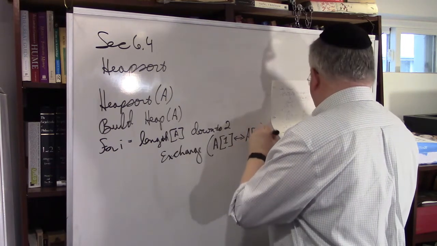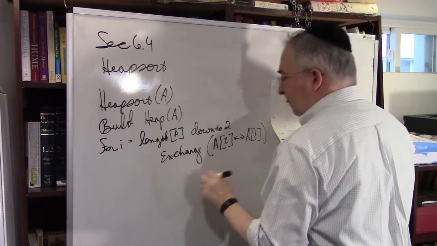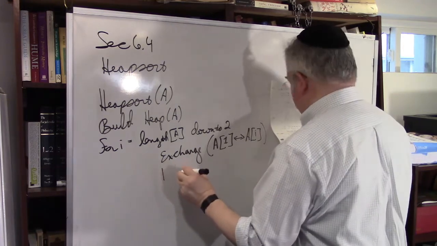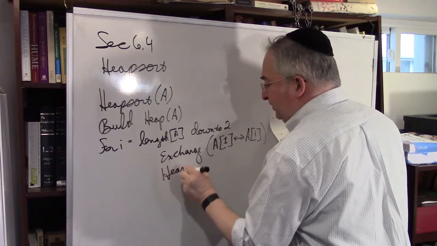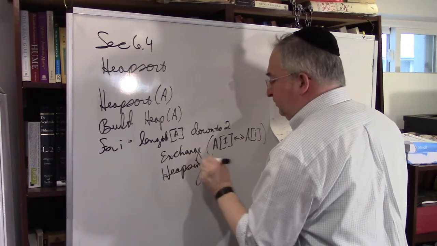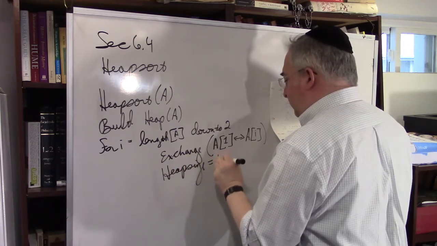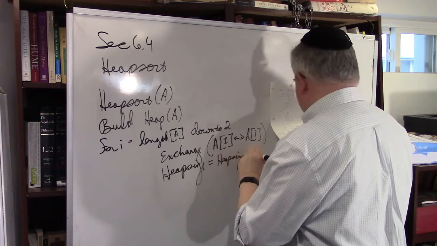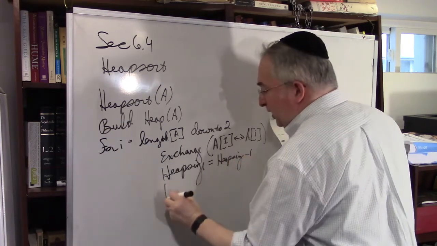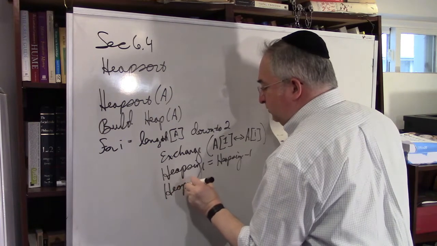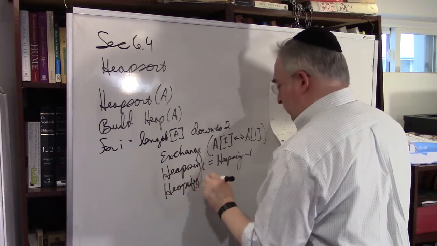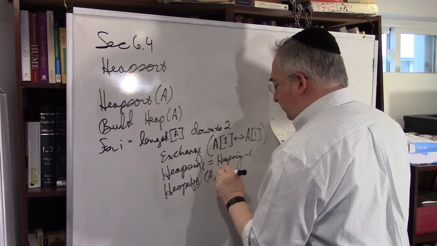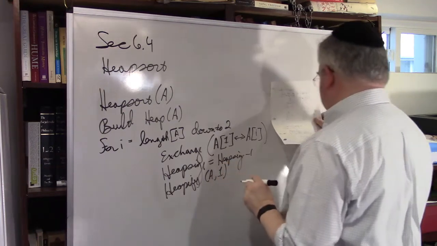I'll explain to you in a second. You'll see this. Heap size equals heap size minus 1. Heapify A, comma 1. That's it.